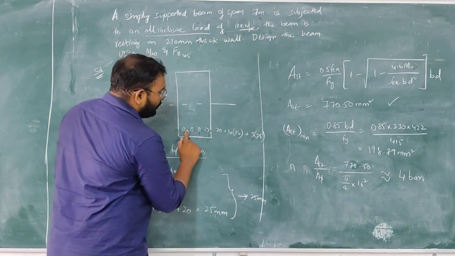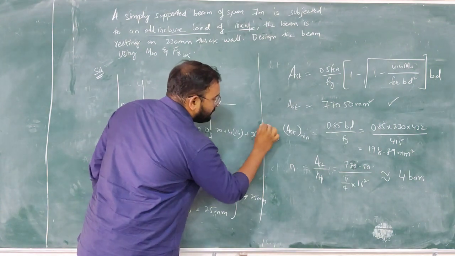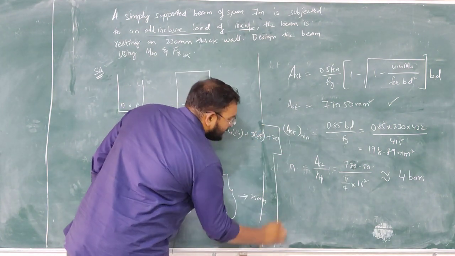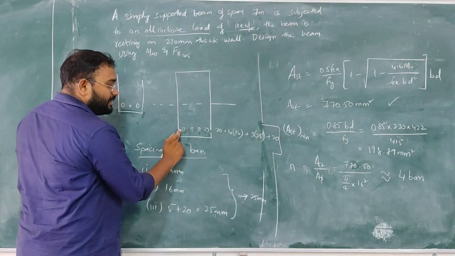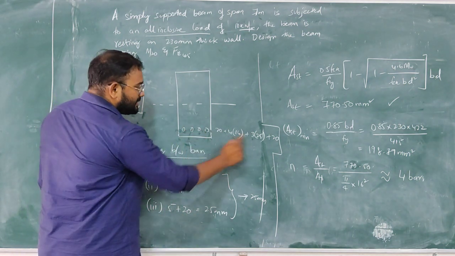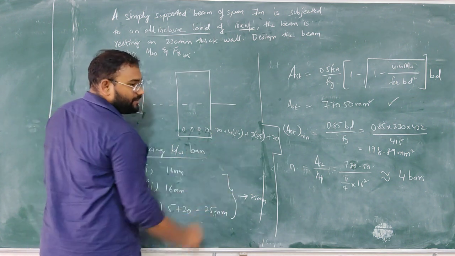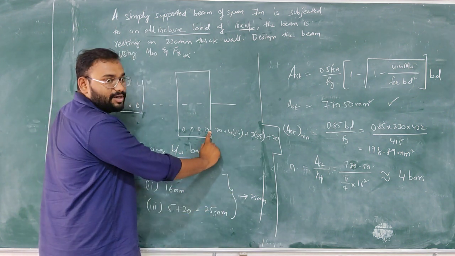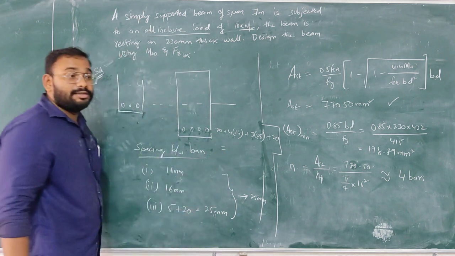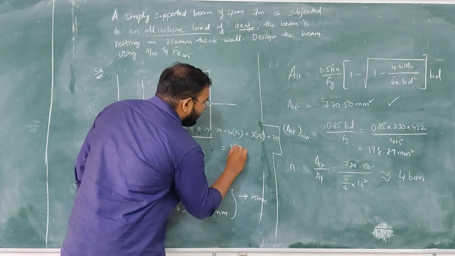The last one is again a cover of 20. So 4 into 16, plus 3 into 25, plus the last cover of 20. Tell me how much this is? 179 mm.